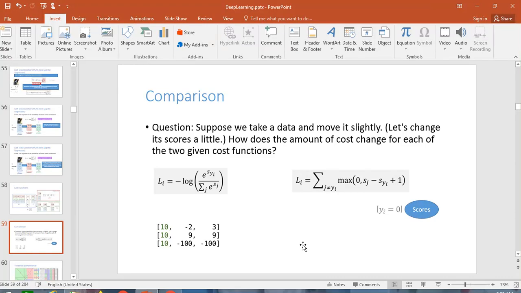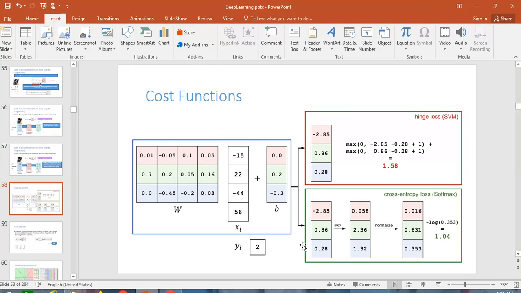You can see that there is an inverse relationship in both. The choice between these two depends on the expert. This is also a hyperparameter, but mostly softmax is used.